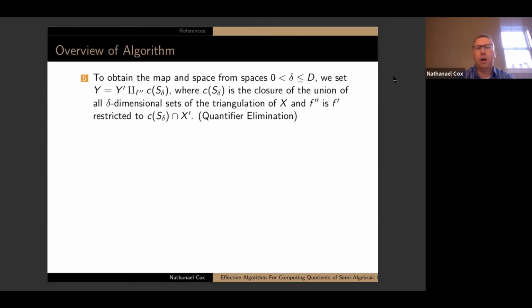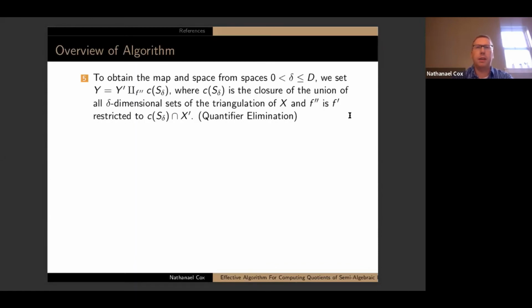So for each dimension delta that has a space associated with it, you can set your quotient space on the higher dimensional space as Y equals, this notation right here, where this is the disjoint union of these two sets glued together on the map F double prime, which is F prime restricted to the set C of S delta intersect X prime.